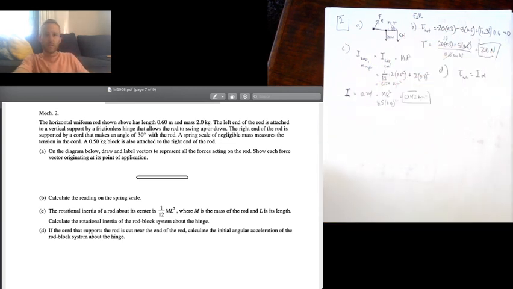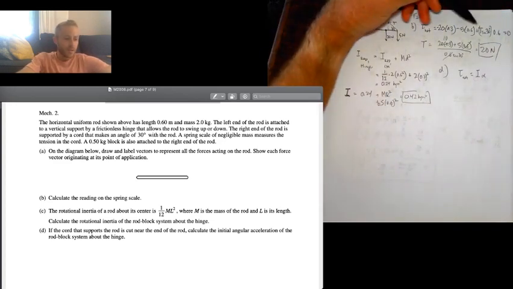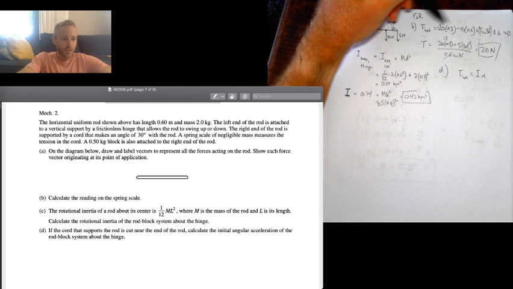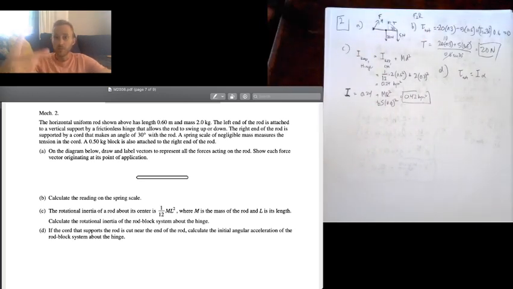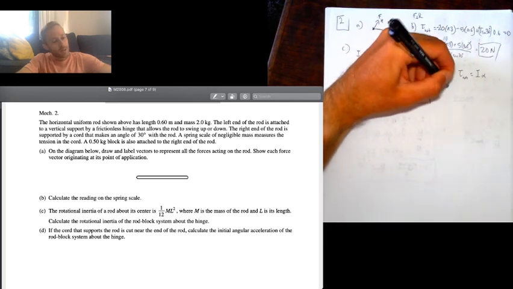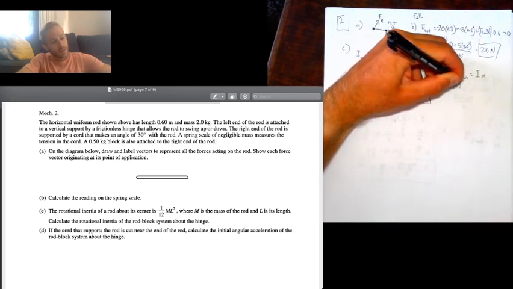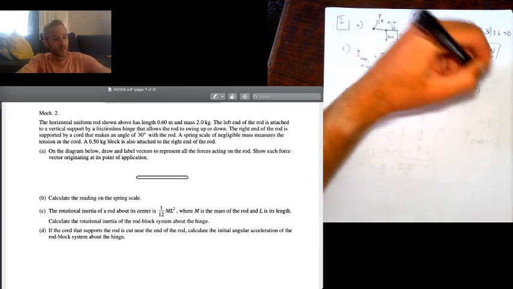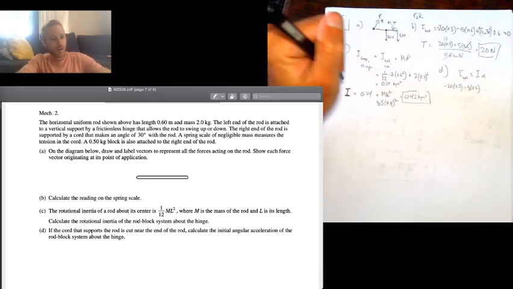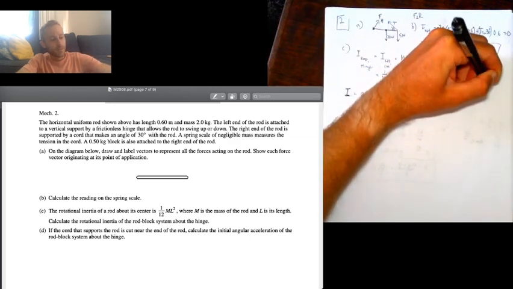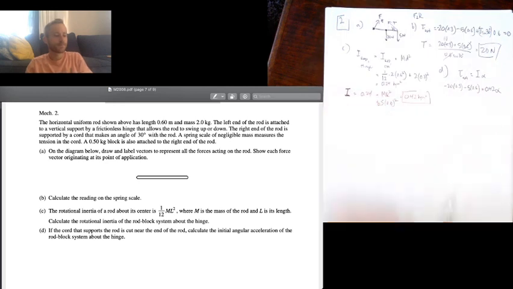The net torque is going to be the same as it was before, but it's going to exclude the tension term because the rope has been cut. So we'll have minus 20 times 0.3 minus 5 times 0.6. So that's the net torque. And then that equals 0.42 alpha.